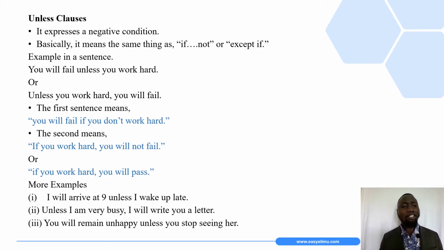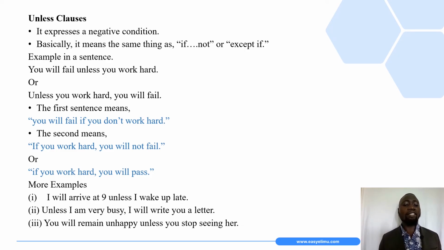Remember, we say that unless clauses mean the same thing as if not clauses. We can also define it as except if. That is, something will only happen except if the other one is initiated.